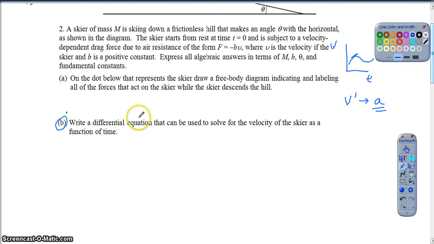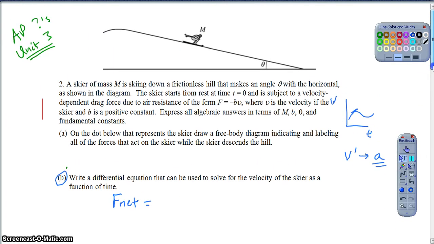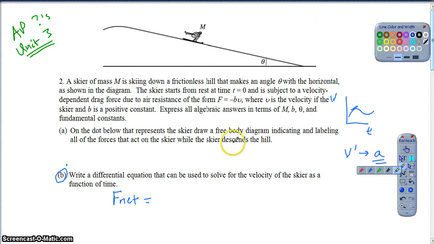So to do that isn't anything you guys can't do. The way that I would approach this is as a function of time, so as any function of time, we'll just think about my net force. What forces are contributing to my net force? Well, at this point, if the skier's going down the slope, we know that the only force going down the slope would be the sine component of gravity, and then the only force working up the slope against him would be the resistive force of negative BV, which I can plug in.